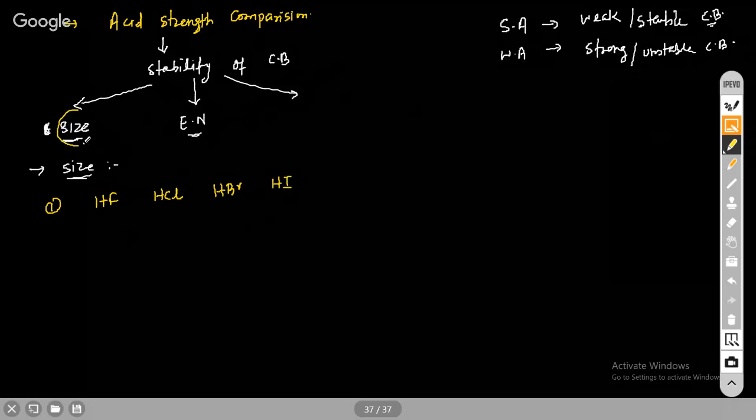I'm discussing these two together, so that you can differentiate easily what concept we are applying where. First compound I'm taking this, and second compound, suppose I'm taking H2S, that is hydrogen sulfide, and HCl. Both these molecules you have to compare the acidic strength.